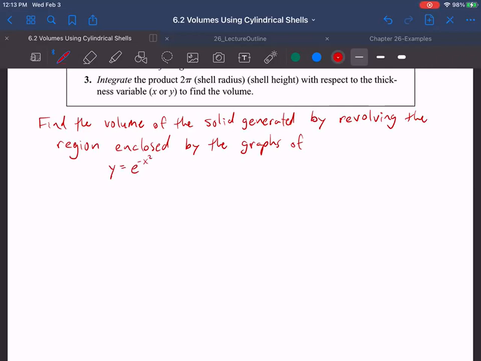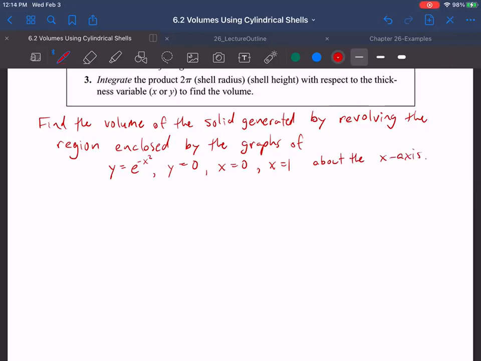Anybody know what shape that is? Oh, you're gonna have to think about that one. Y'all should know this one. y equals 0, x equals 0, x equals 1, and it's revolved about the x-axis.